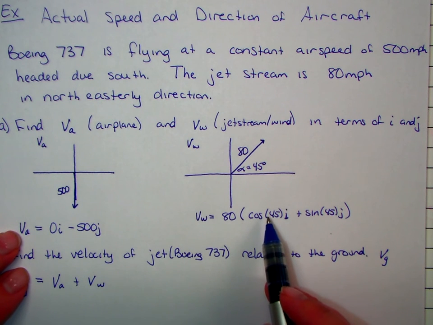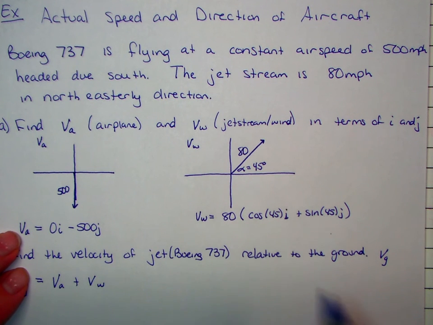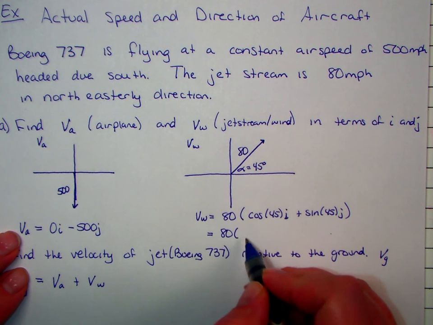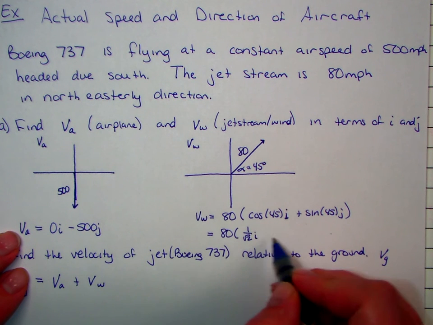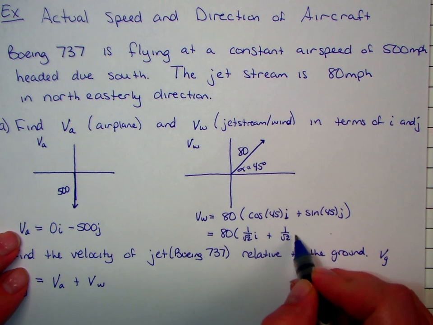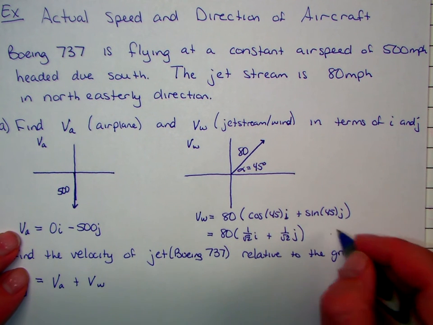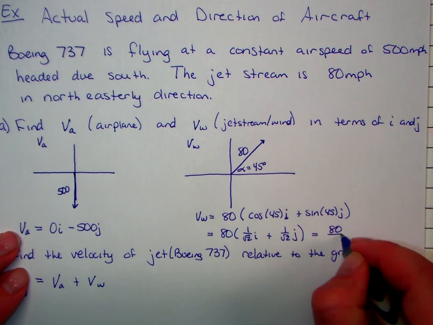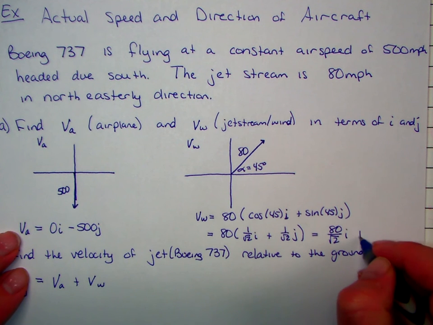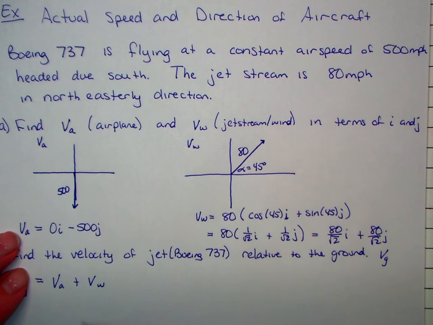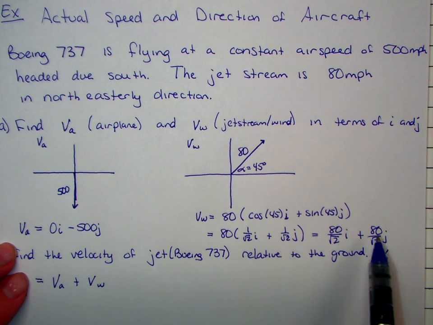We know what cosine of 45 is and what sine of 45 is, so we get 80 times 1 over rad 2 i plus 1 over rad 2 j. If I wanted to simplify that, I could do 80 over rad 2 i plus 80 over rad 2 j. So here's the velocity vector for the airplane, and then the velocity vector for the wind.